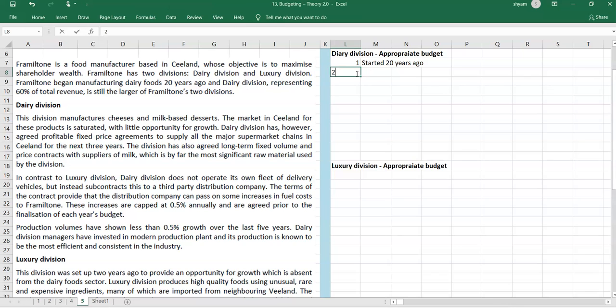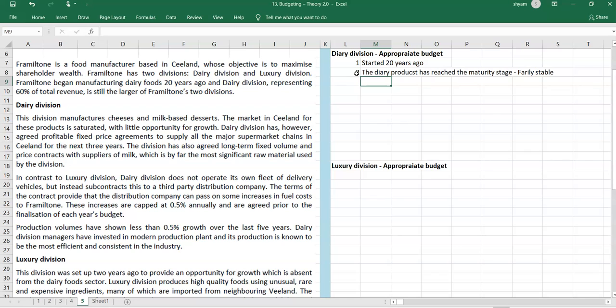So we can say the dairy products have reached the maturity stage. That means it is fairly stable.